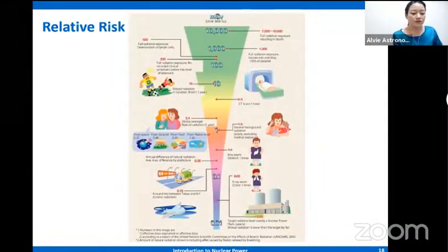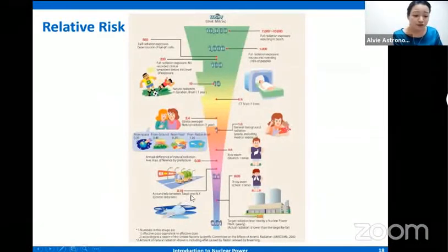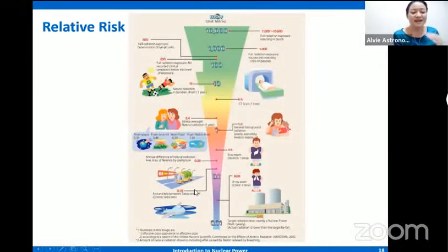And here's another diagram to illustrate the relative risk. So when you fly, or when you have a round trip between Tokyo to New York, the amount of radiation that you receive is even higher than the radiation level that is received by people living in a nuclear power plant in a year.